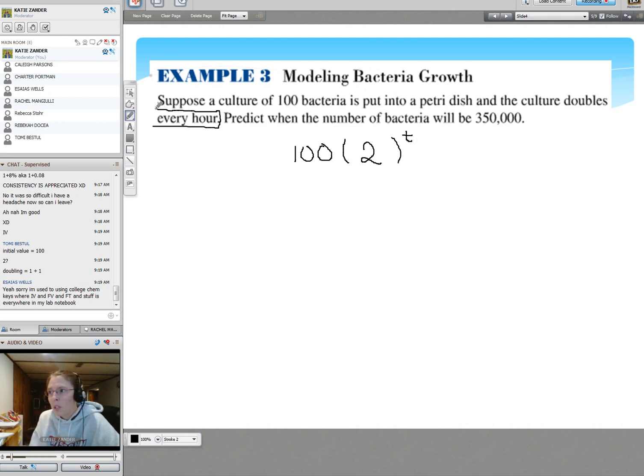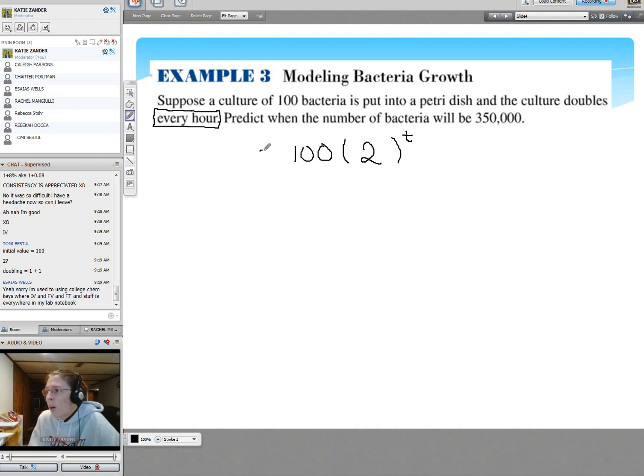So that's something else we need to keep an eye on, is what they're presenting the time as, because we may have to do some adjusting to either the exponent or our final answer if it's asking for something in a different measurement. So if it's asking for days versus hours, we would have to manipulate our answer to reflect that. So we always want to pay attention to what that variable is represented as. So here, it's represented as in every hour.